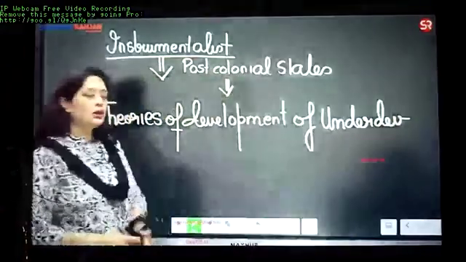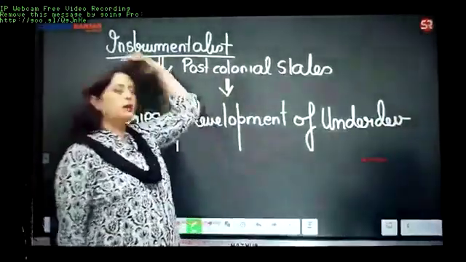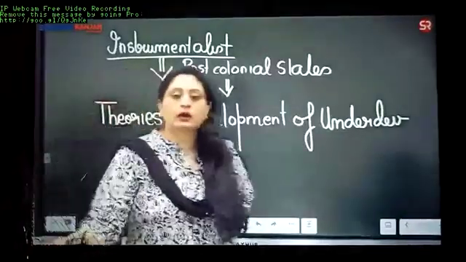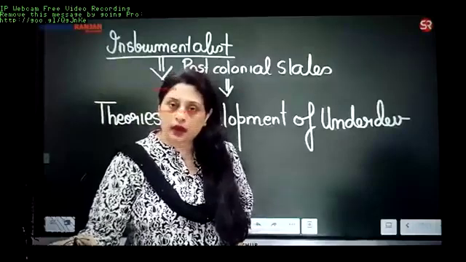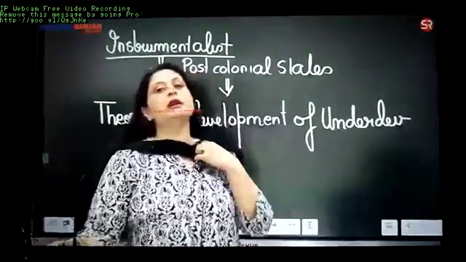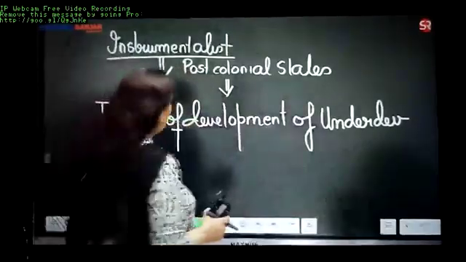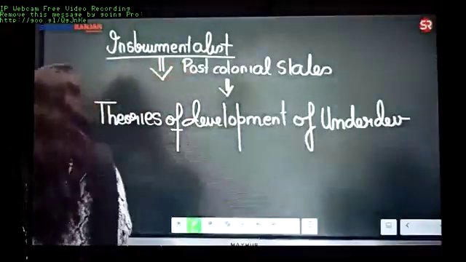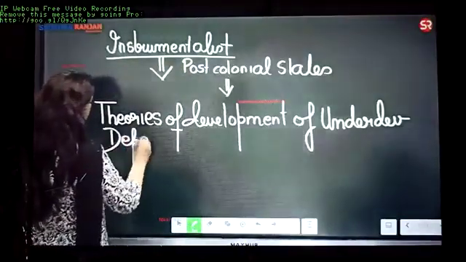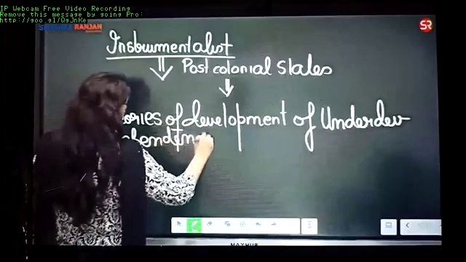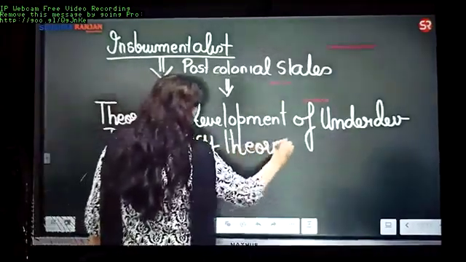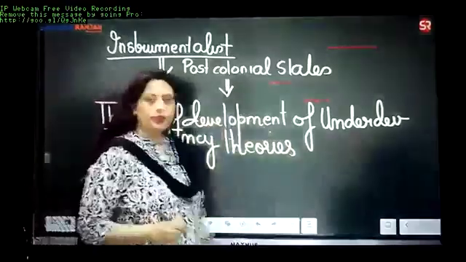Theories of development of underdevelopment. Underdevelopment means poverty. So theories of the development of underdevelopment means development or increase in poverty. So theories of development of underdevelopment, they are also called dependency theories. Dependency theories. Okay?